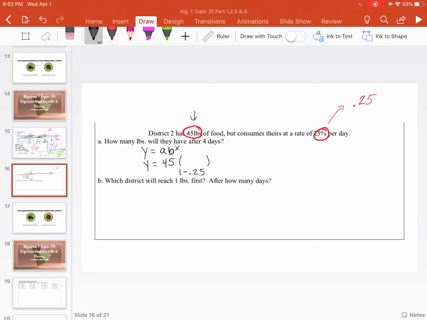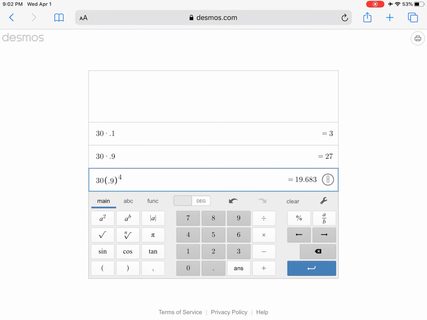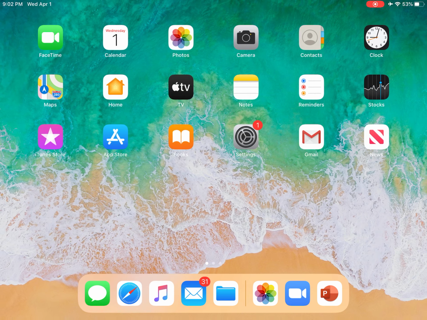Now 1 minus a quarter, or 1 minus 0.25, gets us 0.75. And we're raising that specifically to the 4th power here. So now we can plug this in. We have 45 times 0.75 to the 4th power, and if we round it to the nearest thousandth, we get 14.238 pounds.